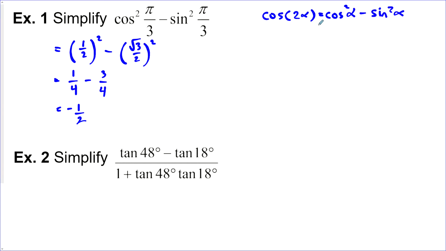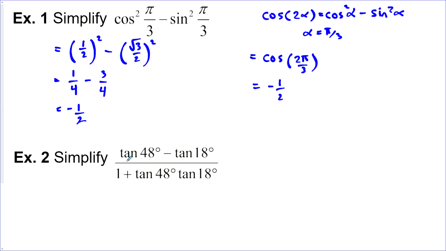So we can just use that to change this. So this is really, alpha is pi over 3 in this question. So this is really cos 2 times pi over 3. Now I only have one thing to find, and cos 2 pi over 3 is -1/2.